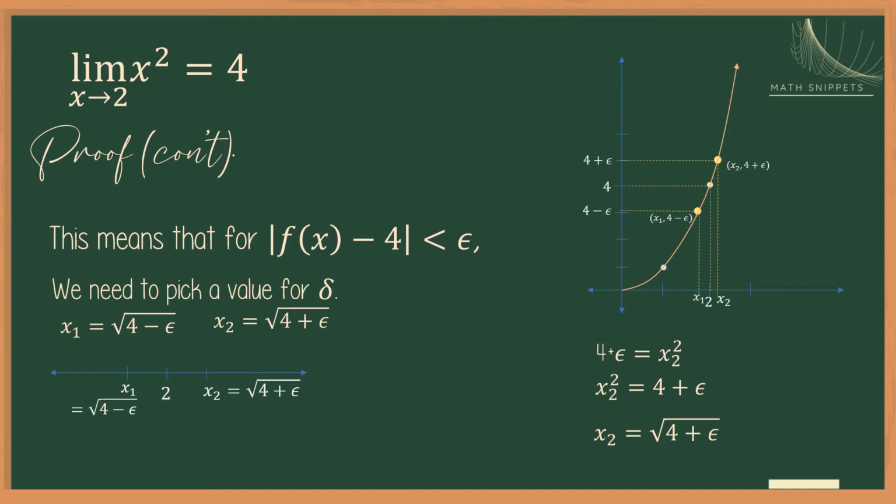Because if we have an interval that extends to the left beyond x sub 1, for example, if our delta creates an interval, let's say this is 2 minus delta to 2 plus delta, we can pick a value of x here, and if you observe, the corresponding y value of x would be outside the interval involving epsilon.